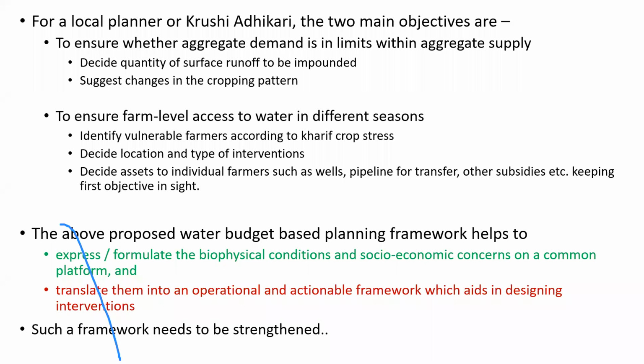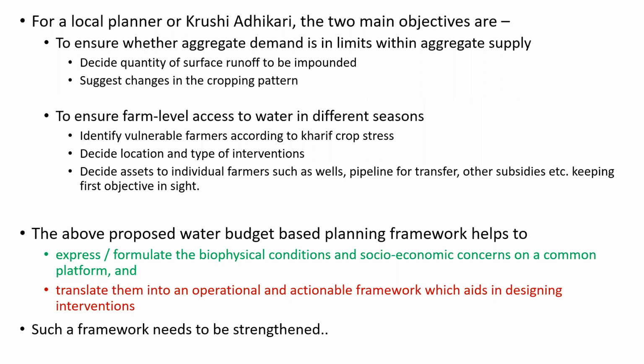On the one side there is a supply side requirement also. Water is not sufficient at the village level, that is clear from all the field visits that we do. There have to be more supply side interventions, surely, but at the same time there has to be demand management also.